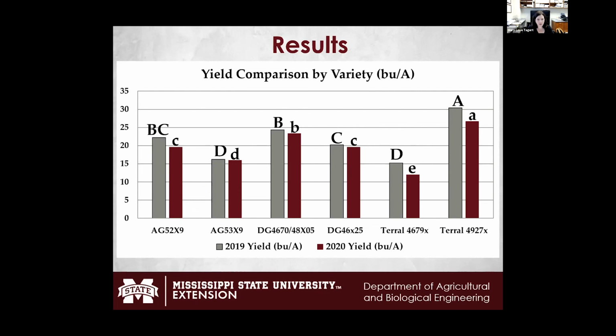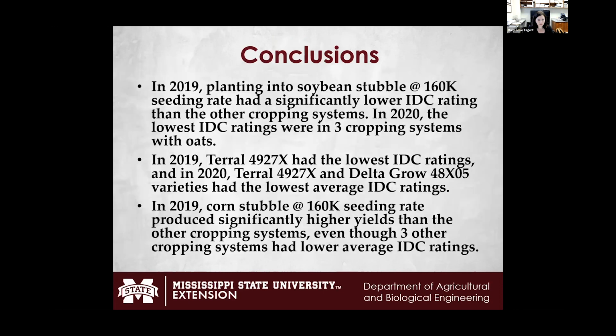But here we see that the Terrell 4927 rated well, and we also have the highest, significantly higher yield in the Terrell 4927 in both years, 2019 and 2020, and then in 2020, the Terrell 4927 and the Delta Grow 48X05 yielded the best.